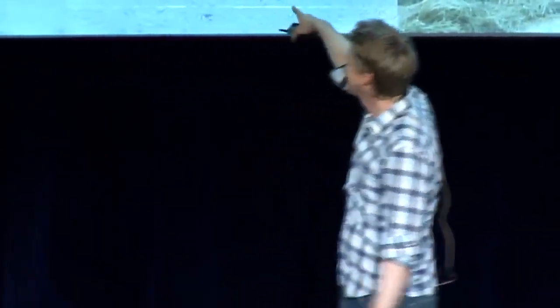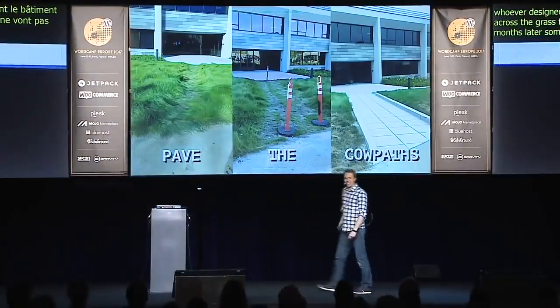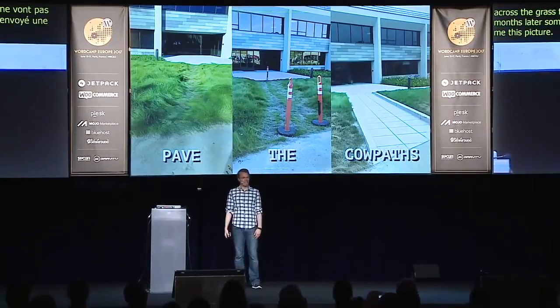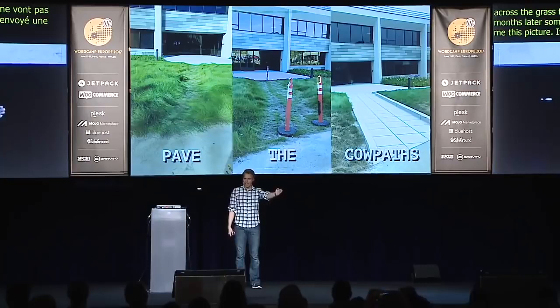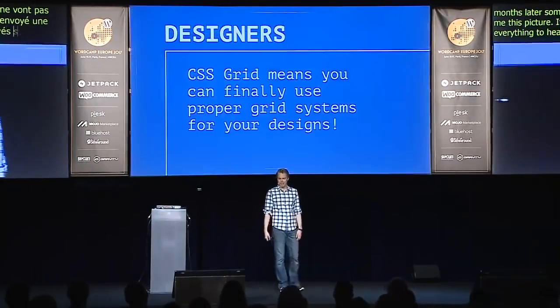So I just started walking across the grass, and I was walking across the grass for a couple hours to make a path. And then a couple of months later, someone sent me this picture. And then a week ago, someone sent me this picture. If you pave cow paths, meaning walk where you want everything to head, eventually someone will put paving stones down.